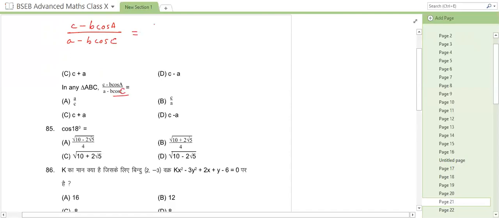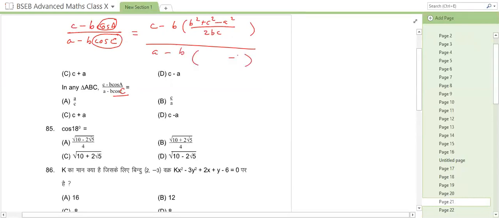Right. So c − b was the expansion for cos A. Look at the cos A and the cos C. Cos A is equal to (−a² + b² + c²)/2bc, and this is a − b into (−c² + a² + b²)/2ab. You can see we can cancel out the b's here and here as well.